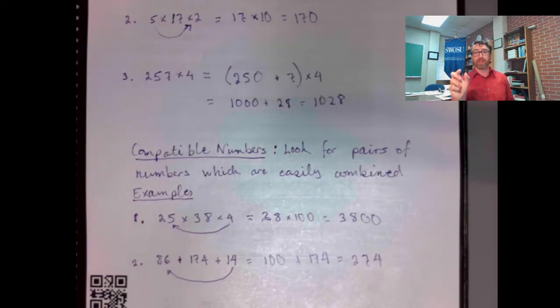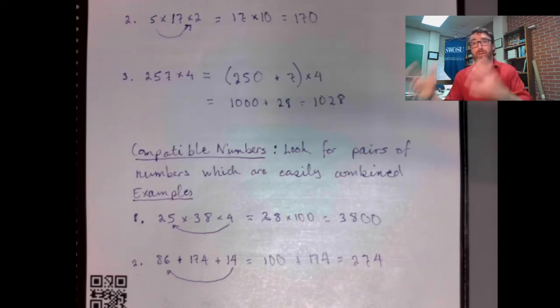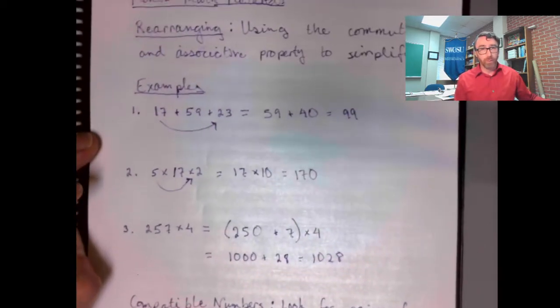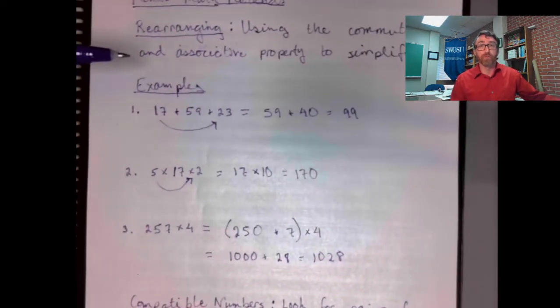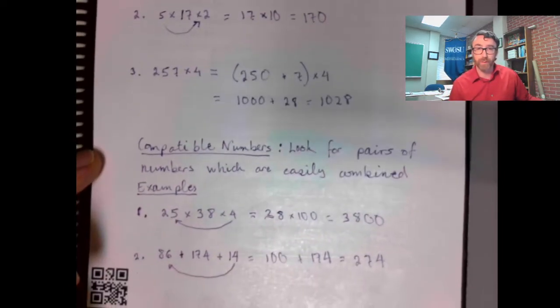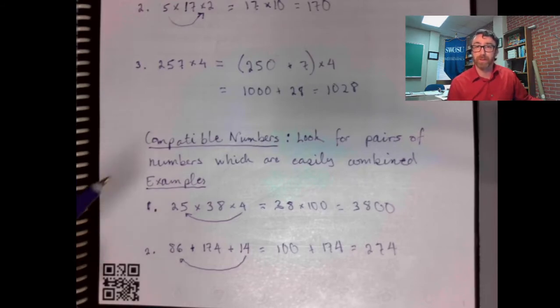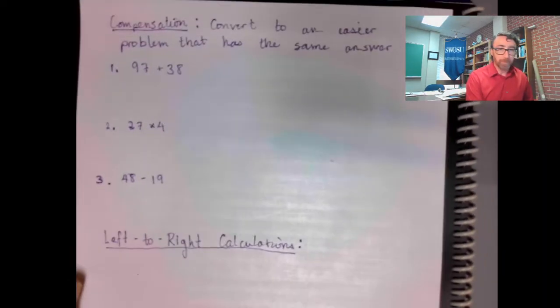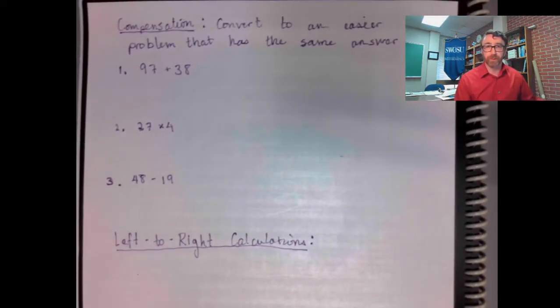You have to spot things that combine to multiples of 10, spot things that combine to 100, stuff like that. When we're doing mental math, we often do rearrangements, but we can't do them until we have a good grasp of compatible numbers. This is something that we have discussed in several problems here.